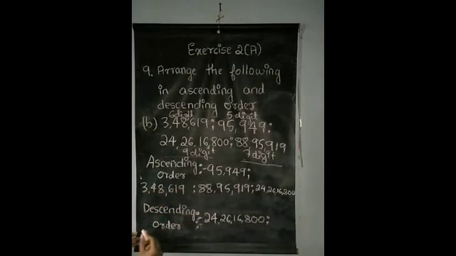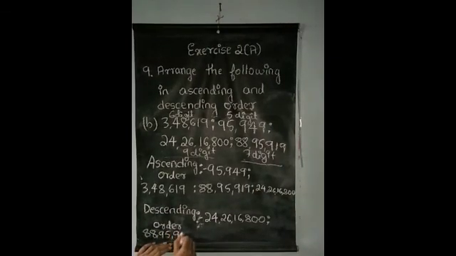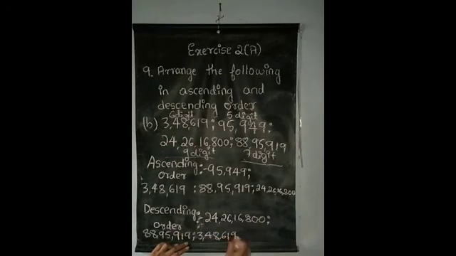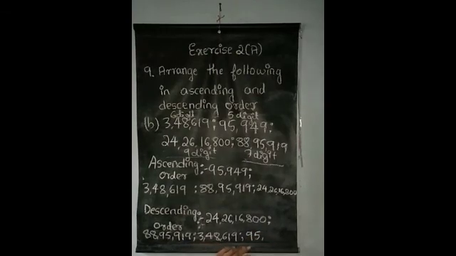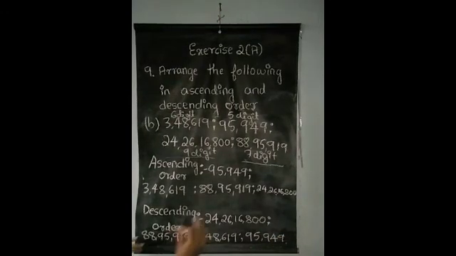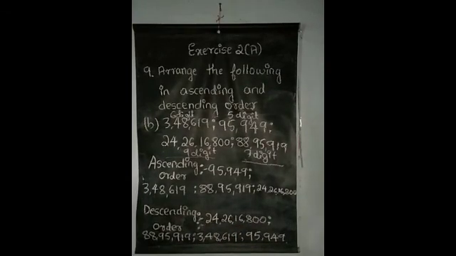Next number will be 88,95,990. Next number will be 3,48,690. Next number will be 95,949. This is the descending order from largest number to the smallest number. Solve these problems in your notebook.